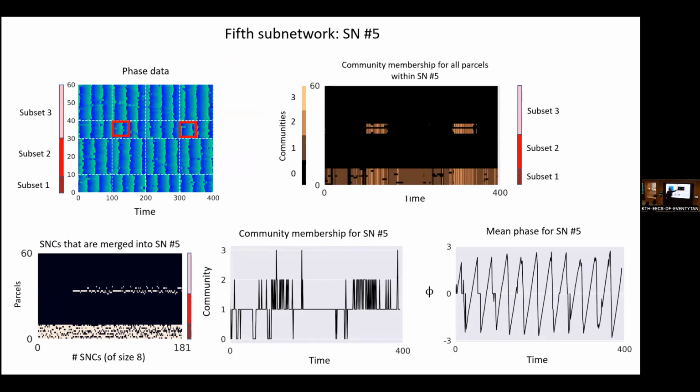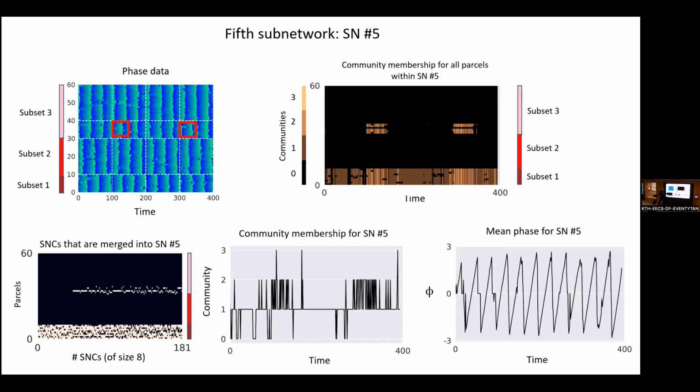Here you see subset 1, but also some rogue parcels in subset 3, which were temporarily out of phase with the remaining parcels in subset 3. And all the SNCs, they might look identical, but they're not identical. You see it encapsulates all the SNCs of subset 1, but also some of the parcels in subset 3 up here.